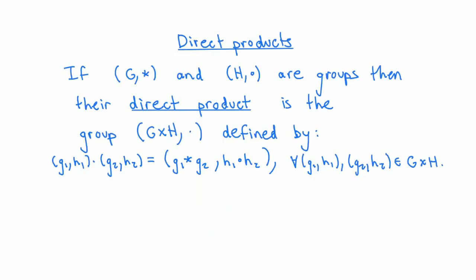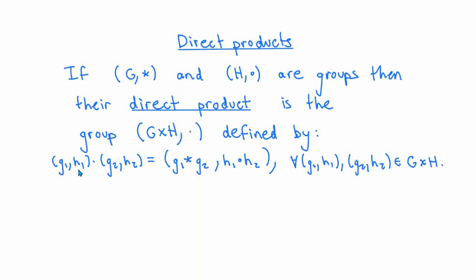Another way of describing the Klein 4 group is using what are called direct products. This is a very important construction, so you should try to make sure to understand it 100%. If you have two groups G and H, with binary operations star and circle, then their direct product is the group consisting of the Cartesian product of G with H, together with a new binary operation, which I'm just writing as a dot here, defined in the following way.